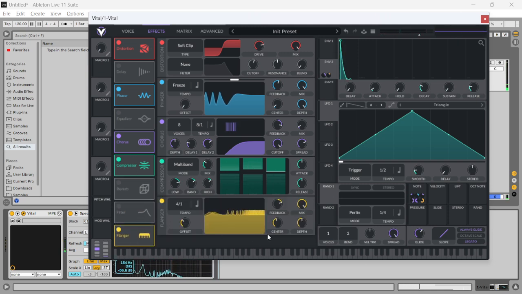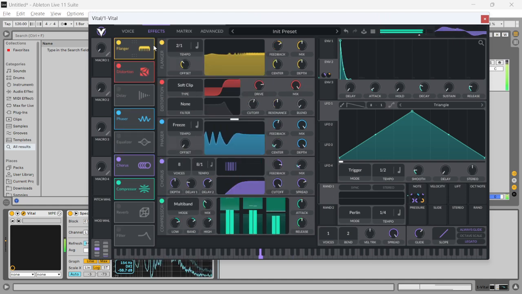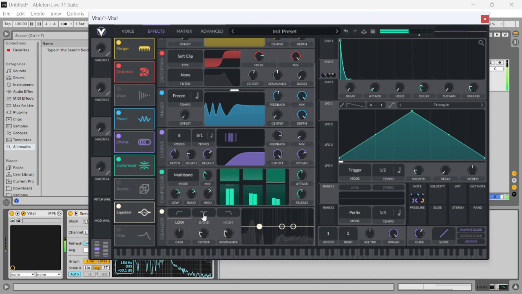And of course, a flanger. Flanger basically gives you a very. And now let's mess with some band filters.